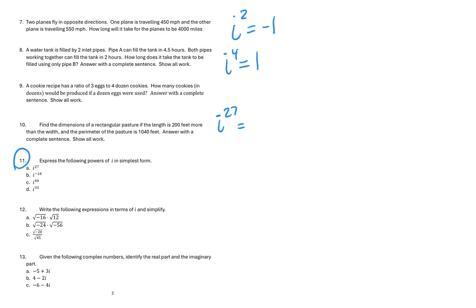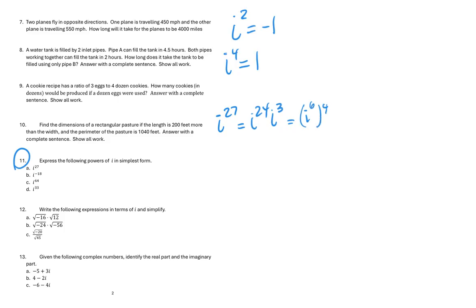And I know 27 is 24 plus 3. So i to the 24th times i cubed. And we know i to the 24th is i to the 6th to the 4th.